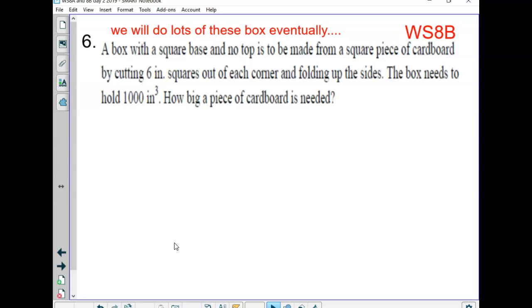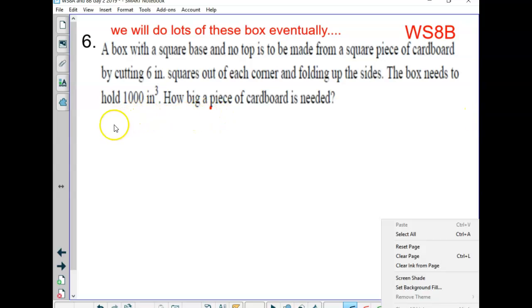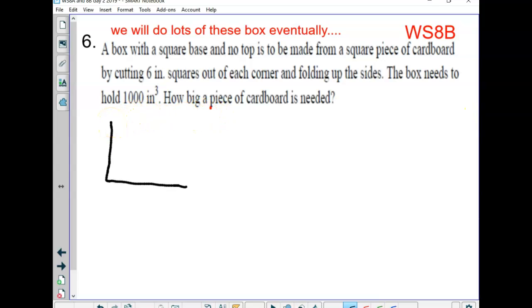It says a square piece of cardboard. So my model needs some adaptation.